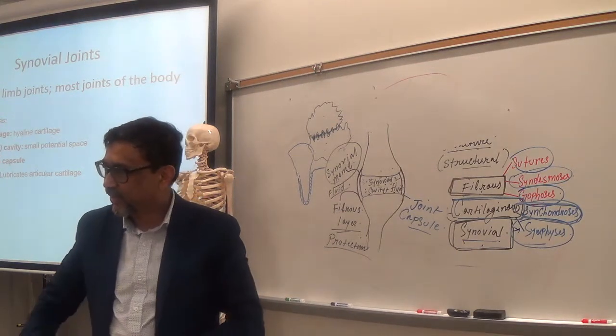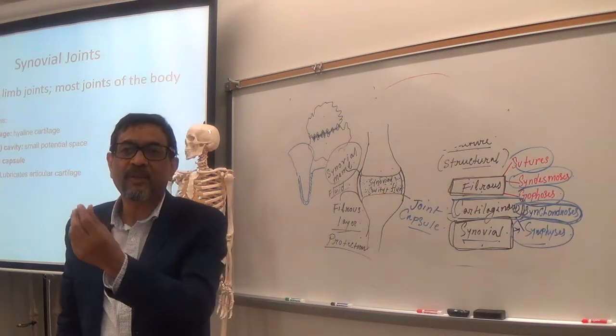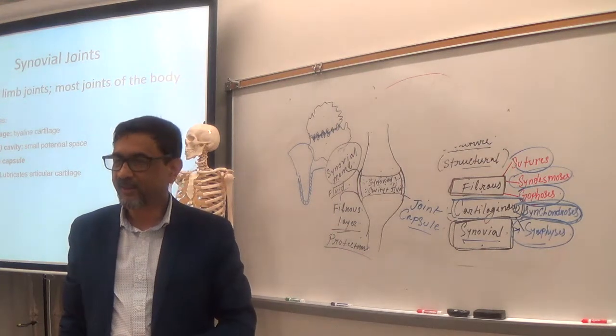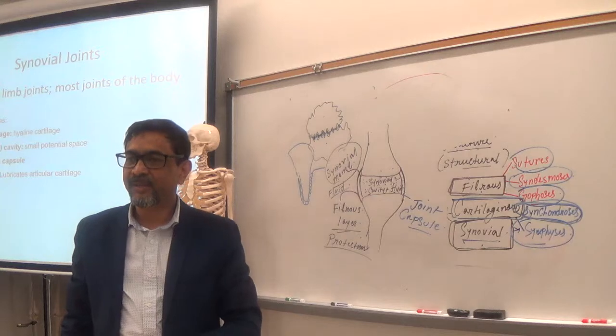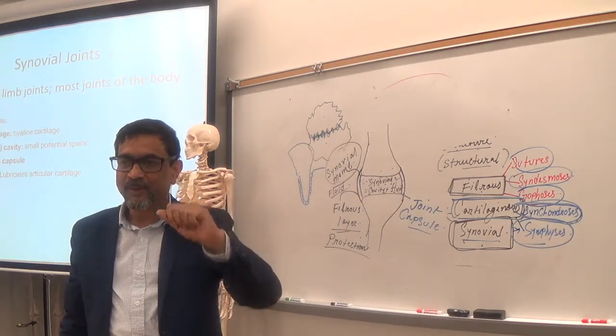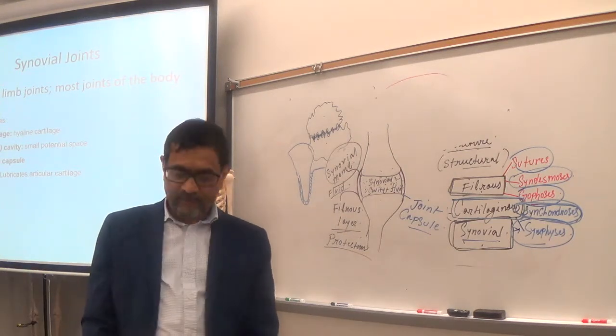Reduces the friction because what kind of fluid is it? Lubricating fluid, okay? Slippery fluid, okay? So it's like, in your car engine, what do you use? Engine oil, right? Oil. So that lubricates the joints.